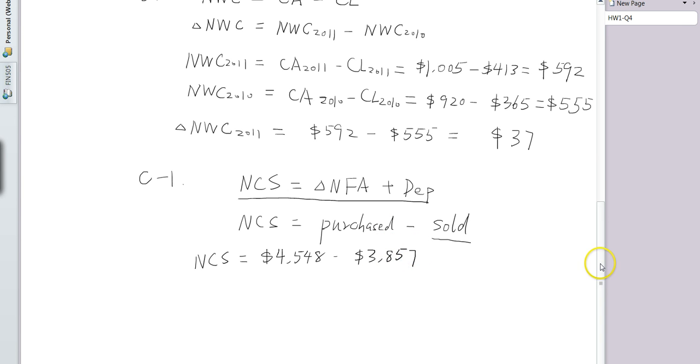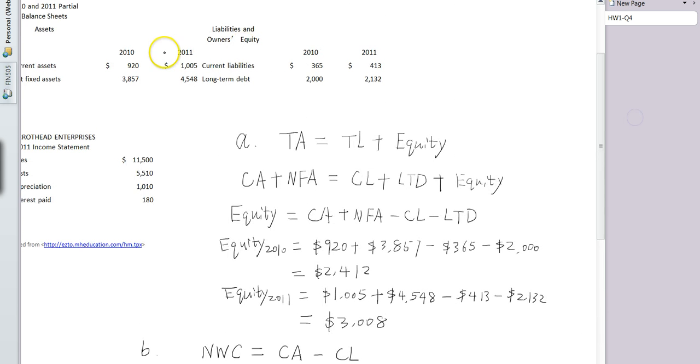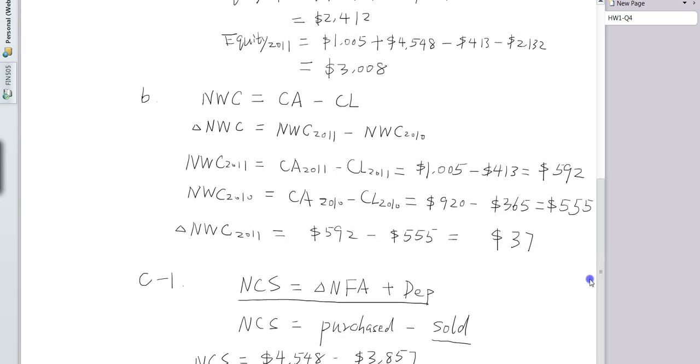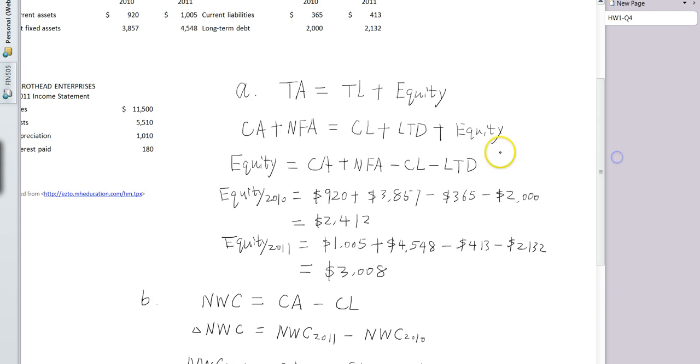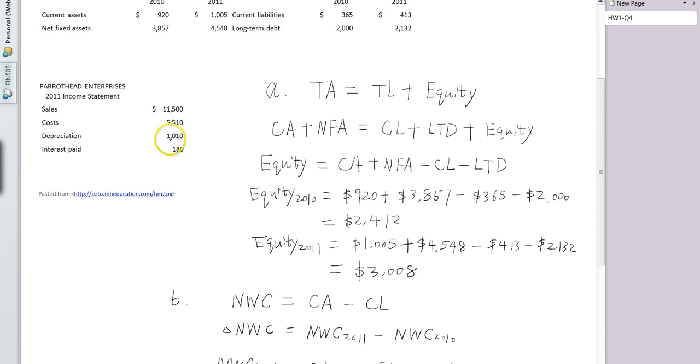Just double check, 3857, okay? And then add depreciation expense. It's not the accumulated depreciation, it's a depreciation expense. So we have to look at that number from the income statement. So from here, depreciation is right here. Depreciation is 1010.